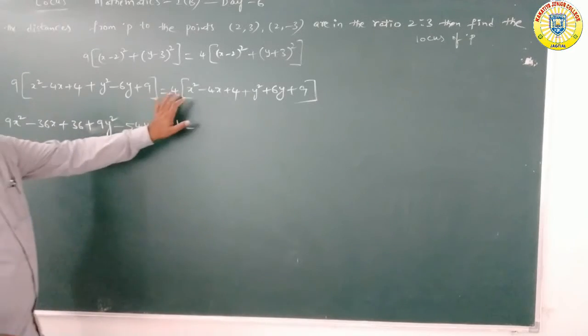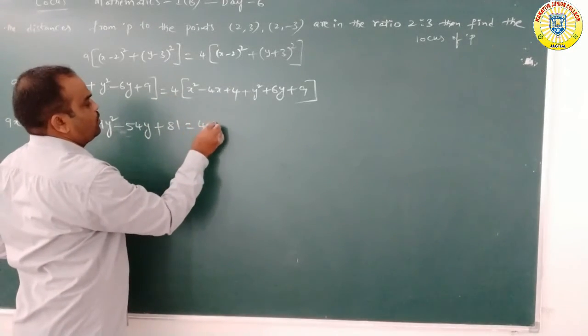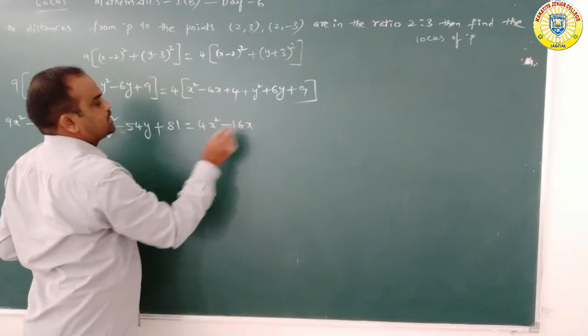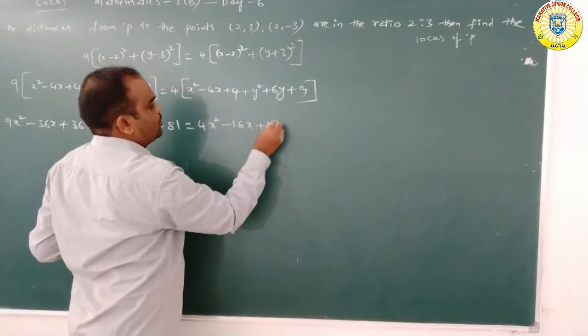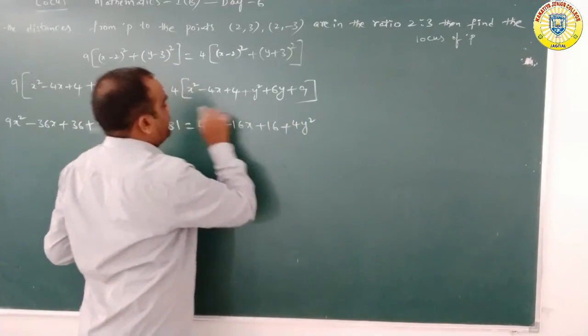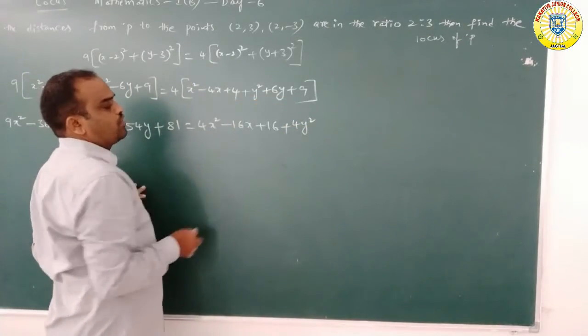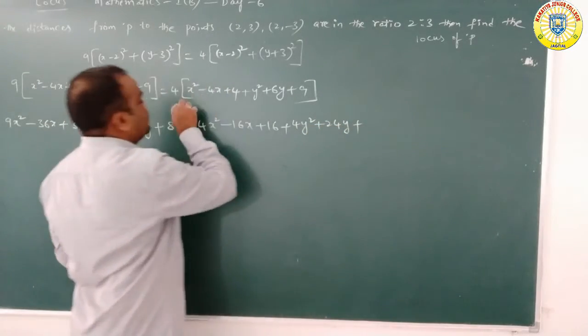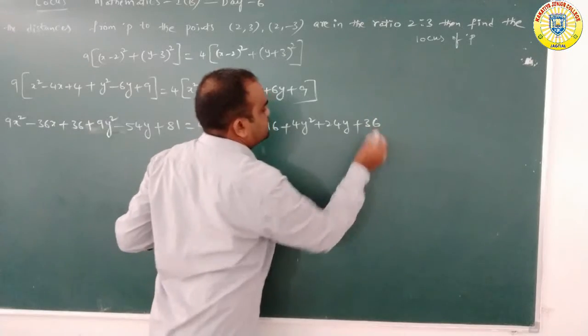Now 4 into x square, 4x square; 4 into minus 4x, minus 16x; 4 into 4, 16; 4 into y square, 4y square; 4 into 6y, 24y; 4 into 9, 36.